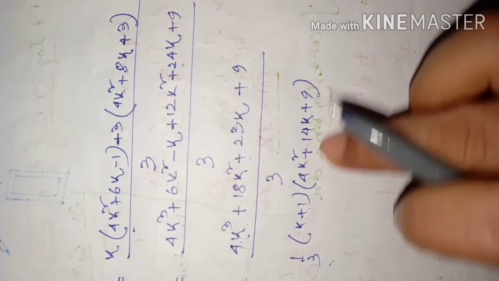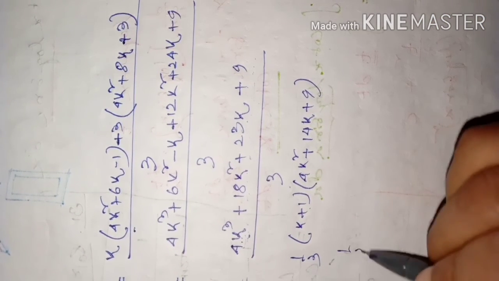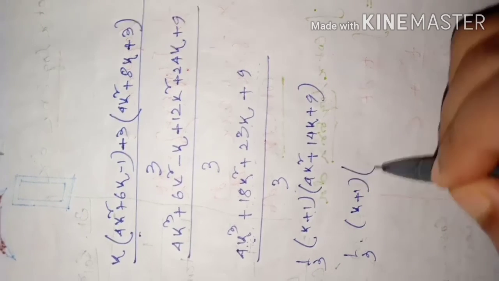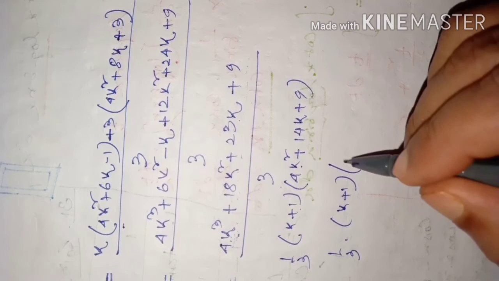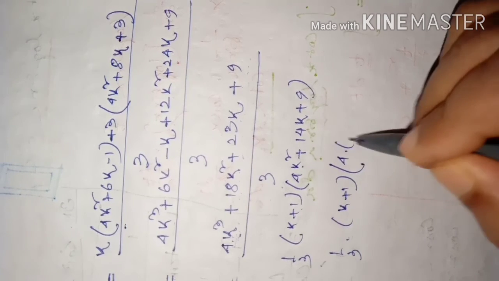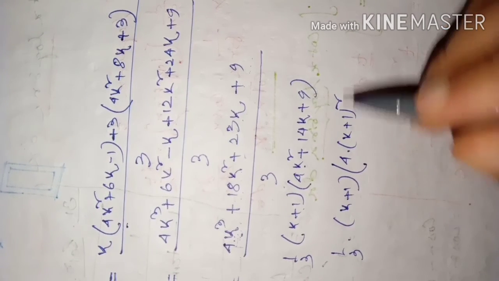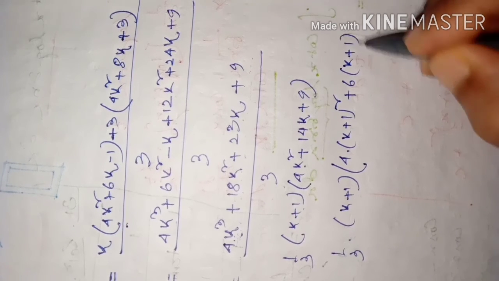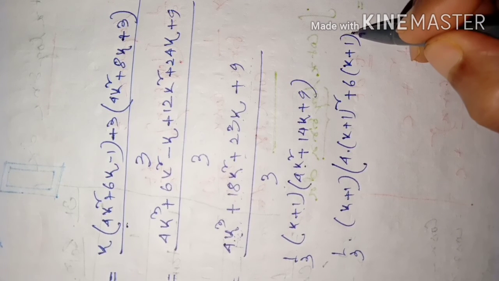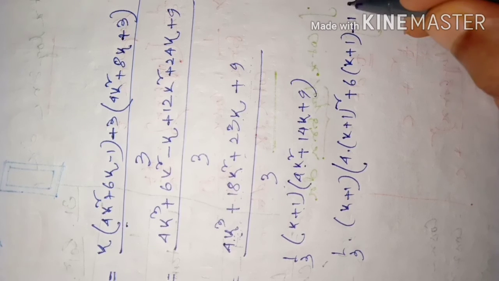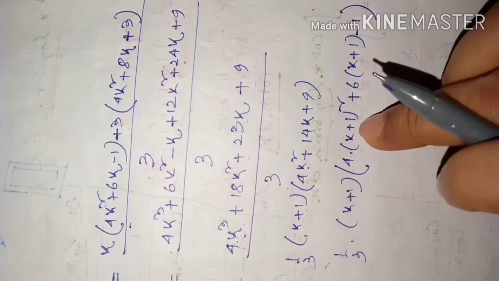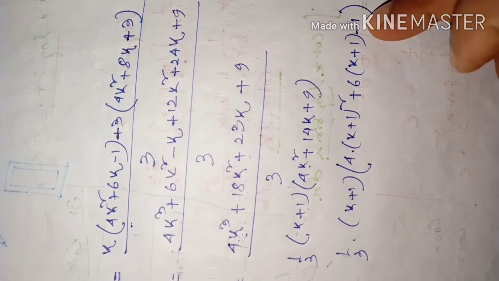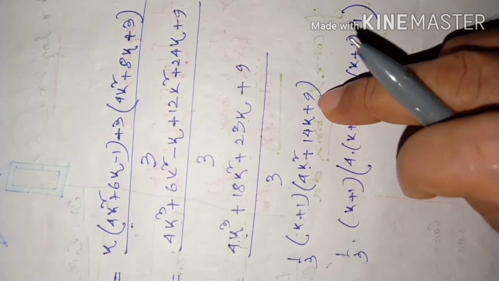So now we need to arrange this like this: 1 by 3 into (k plus 1), and if we arrange this by substituting k as k plus 1, like 4 into (k plus 1) whole square plus 6 into (k plus 1) minus 1. You simplify and see, if you square it and multiply by 4 and add 6 times (k plus 1) and subtract 1, then you will get this 4k square plus 14k plus 9 again.